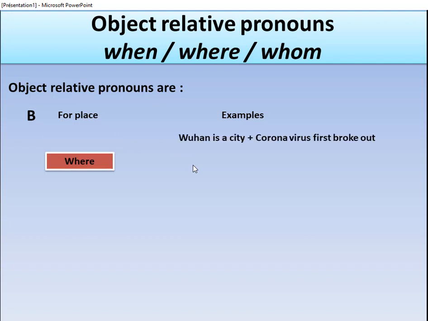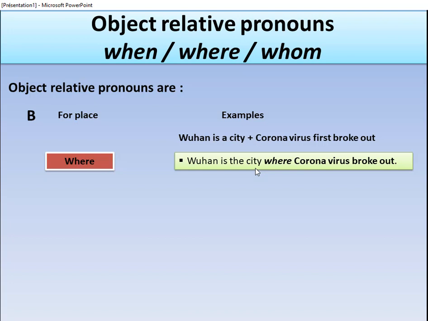So let's move and see how we can refer to places using where. We study some examples. Wuhan is a city. Coronavirus first broke out in Wuhan. I forgot to mention this. So we make this into one sentence. We combine these two sentences.